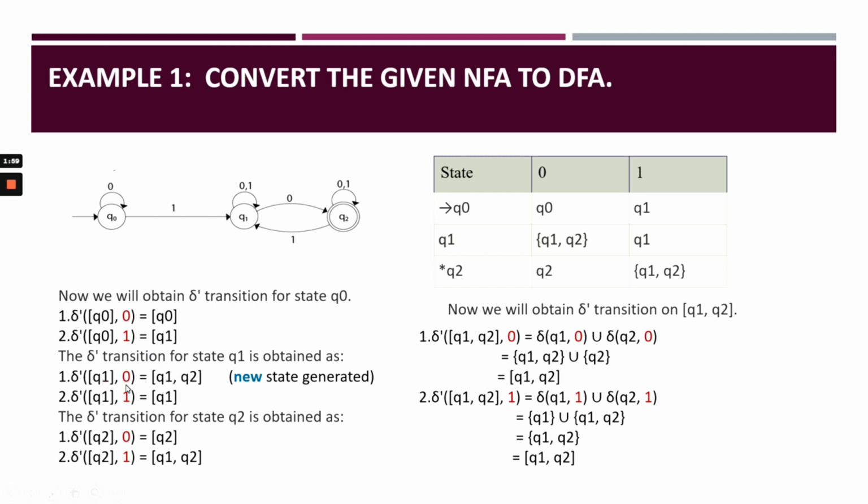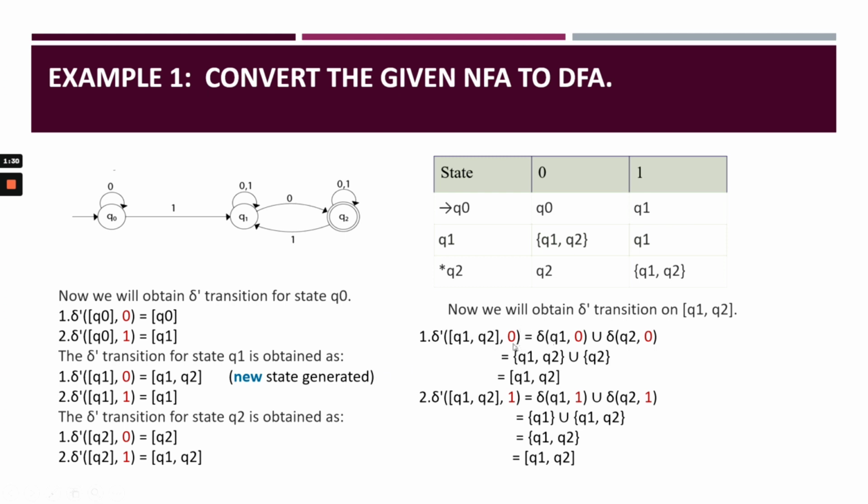At q1 comma 0, it goes to q1 q2, but a DFA can't go to two different states at a time, so we take {q1, q2} as a single state. And q1 on 1 goes to q1 itself. At q2 comma 0, it goes to q2. q2 comma 1 goes to {q1, q2}. So {q1, q2} is the new state generated.